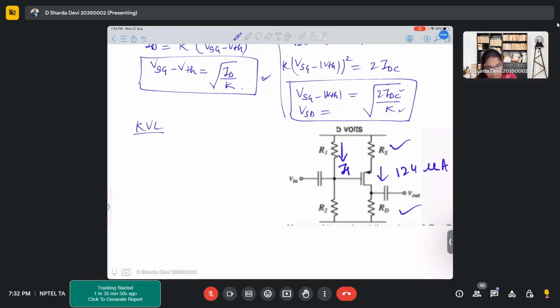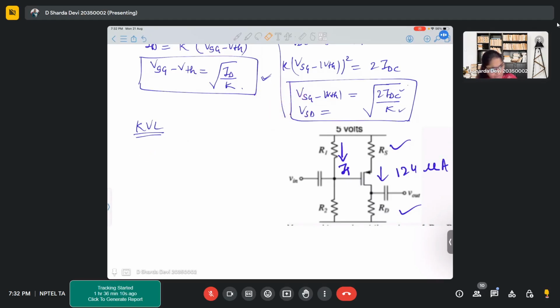The KVL is 5 equal to IDC times RS plus RD.